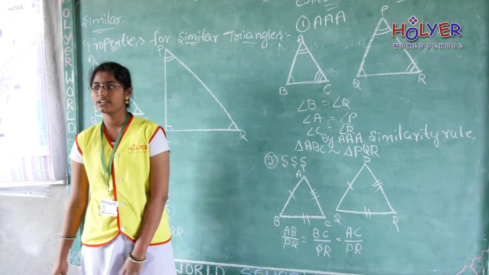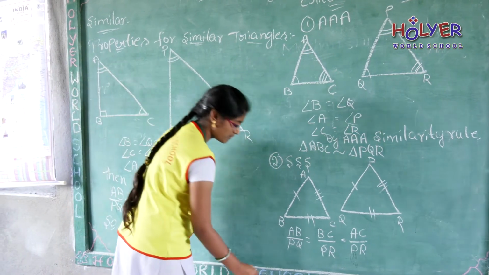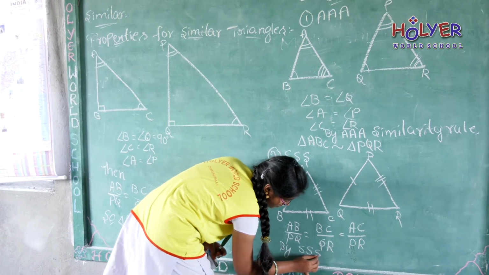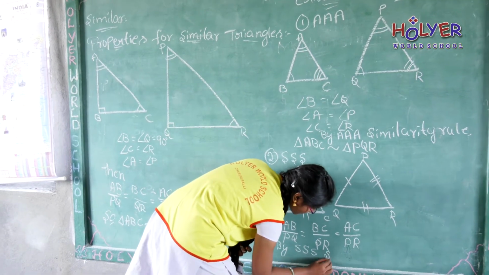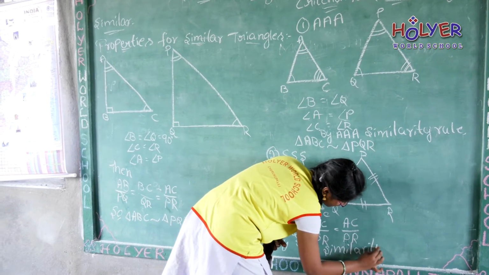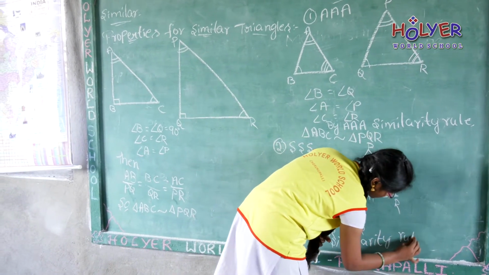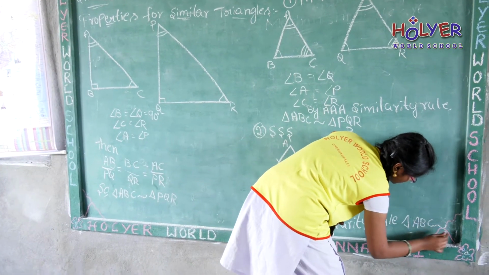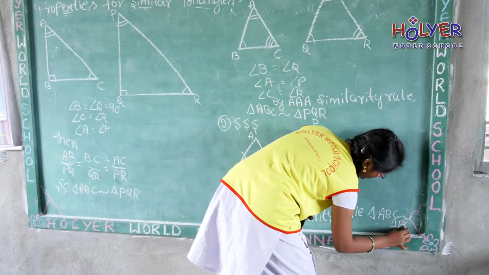By the SSS similarity rule, the two triangles are similar. Triangle ABC is similar to triangle PQR.